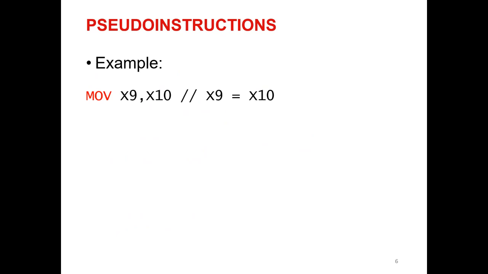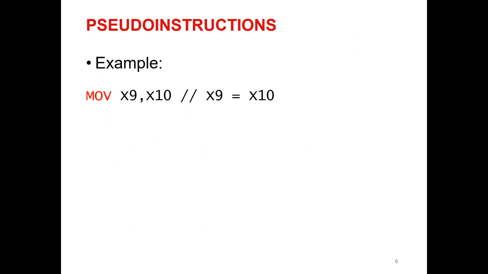For instance, we have this pseudo instruction, which is called move, which makes register 9 get the content of register 10. This instruction is actually not implemented. This is just for us, the programmer, to make it simple to program when we want to assign the value of one register to another.